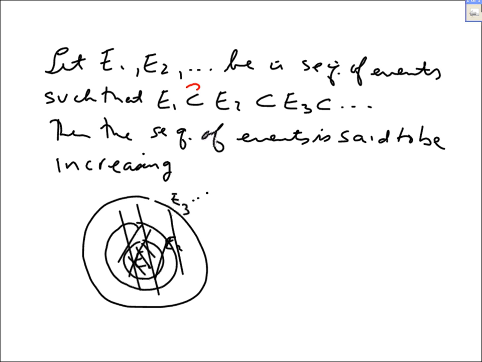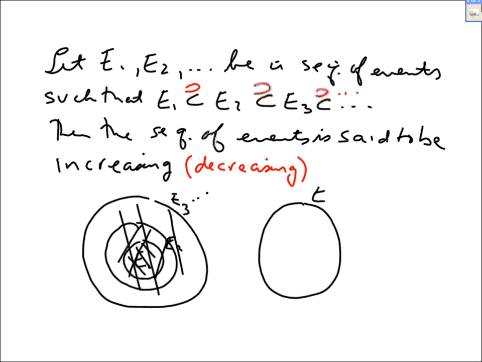If E1 contains E2, and E2 contains E3, and E3 contains E4, and so on, this sequence of events is said to be decreasing. The diagram will just be in reverse. E1 is going to be the biggest one.